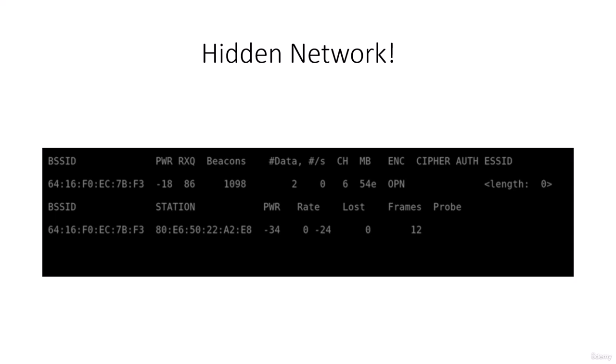What we are going to do now is use a deauthentication attack. Like before, we are going to disconnect this device from this network, but only for a very short period of time, then it automatically reconnects to the target network.